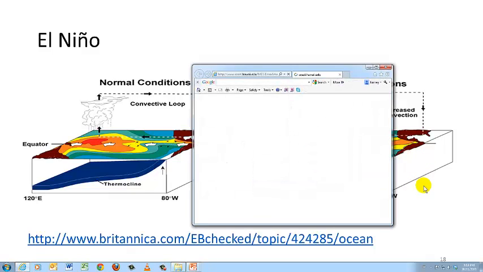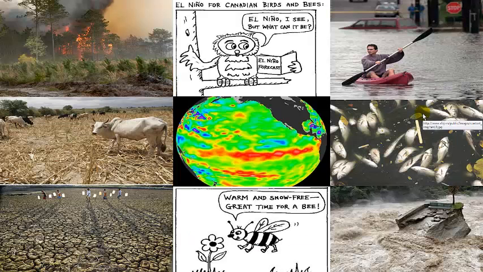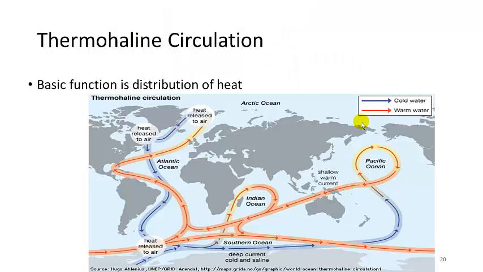The net effect of these things, of course, is quite dramatic, that we end up with very considerable human effects that are associated with these, where we get droughts, and we get fish dying, and we get flooding, and we get all sorts of complicated circulation taking place as a result of the interactions that take place across the ocean. We get this overall circulation pattern that's part of this as well.